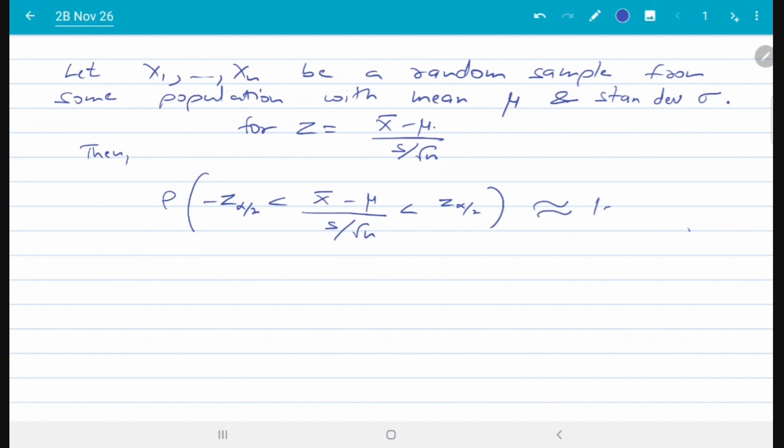Now, because of approximation, we're not writing equal to, we're writing approximate. This probability is approximately equal to 1 minus alpha. You can manipulate this, and z alpha by 2 into s by root n.